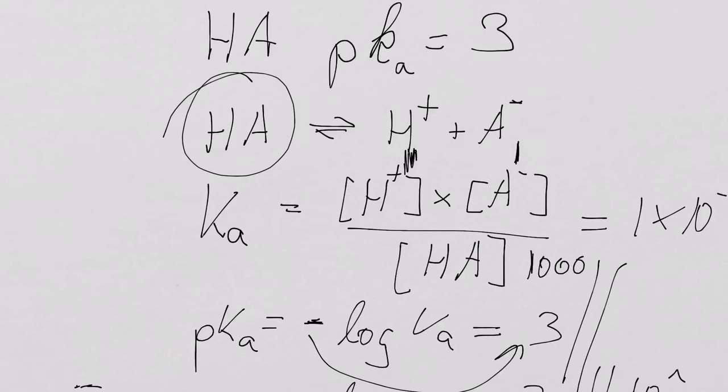So, a weak acid, the anion becomes a strong base. Or a strong base, when it has grabbed its proton, it becomes a weak acid.